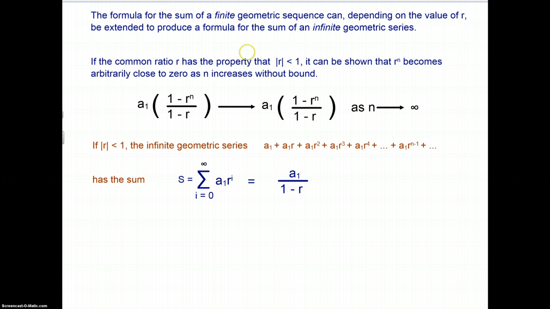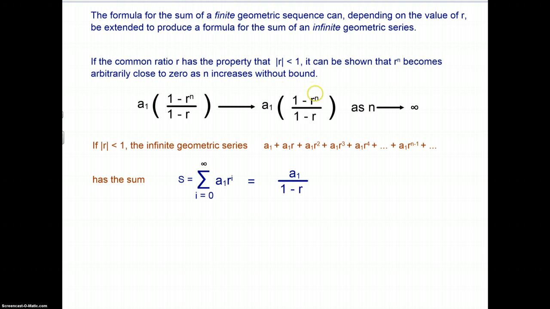Okay. Now, that was the formula for a finite series, or sequence rather. If the common ratio is less than 1, the series converges, so we can actually take the sum of an infinite number of elements of a series.